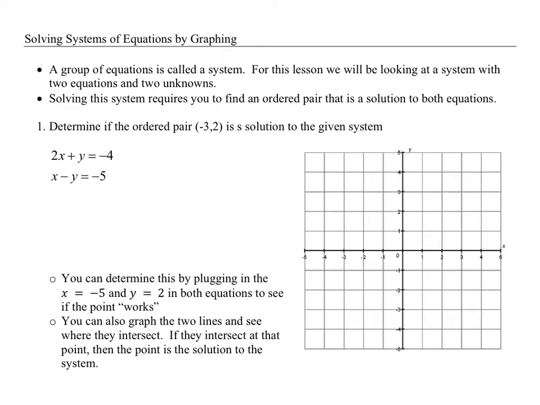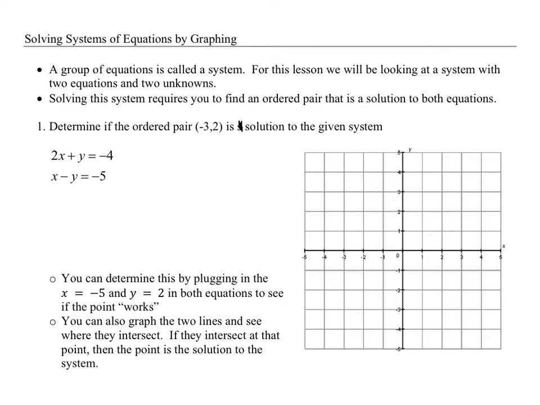Number 1 says to determine if the ordered pair negative 3, 2 is a solution to the given system. On this page there are a few typos. First, we're going to scribble out that little S there.